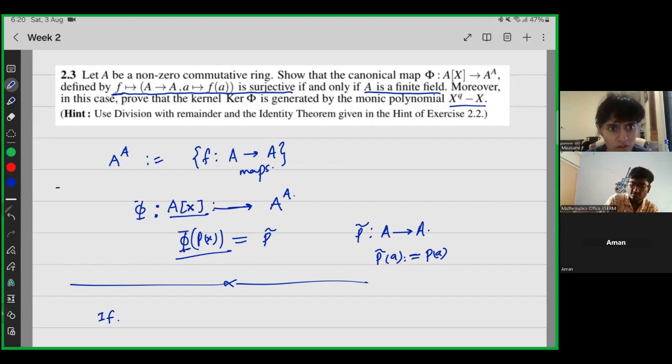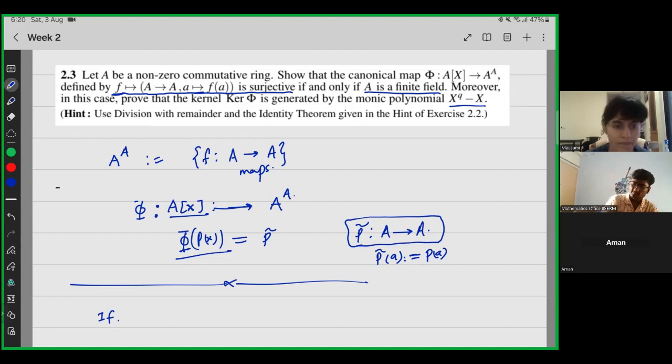We are taking a polynomial f, and it maps to the polynomial function defined by f, and it maps to its own value at a. Polynomial functions are from A to A only, right? Yes. So a goes to f(a) is the polynomial function. Small a is an element of capital A.